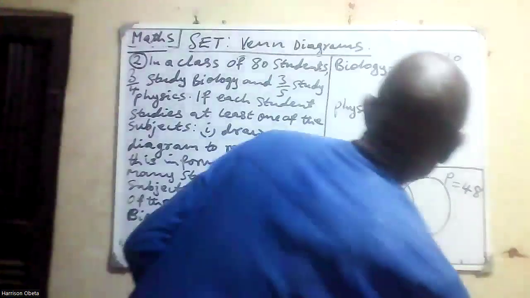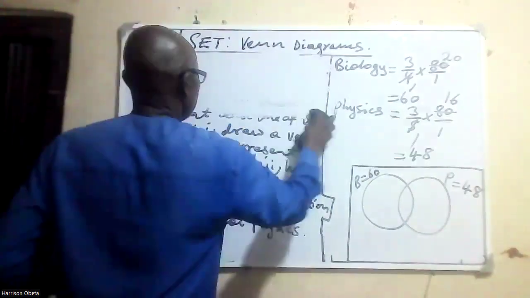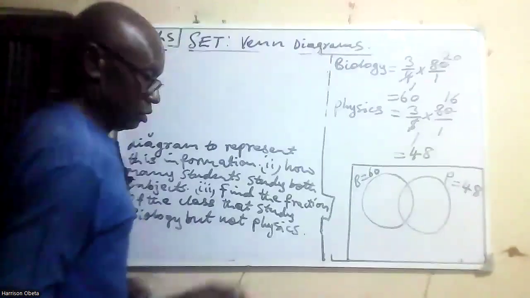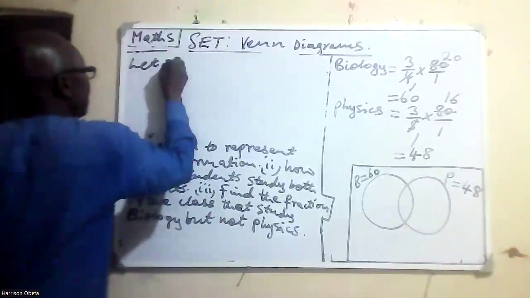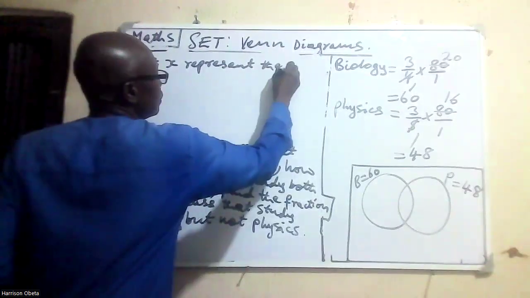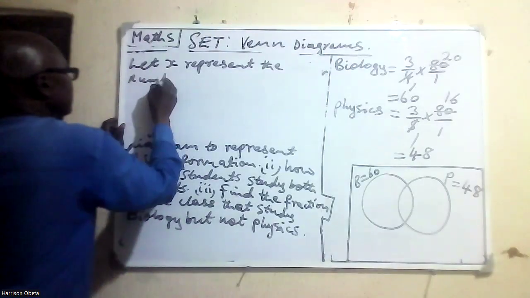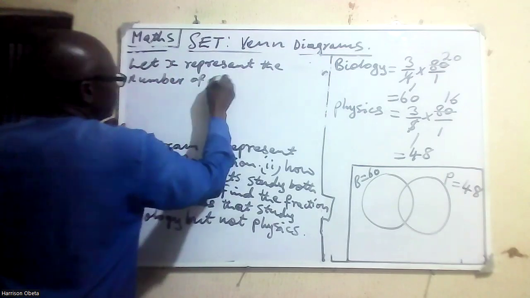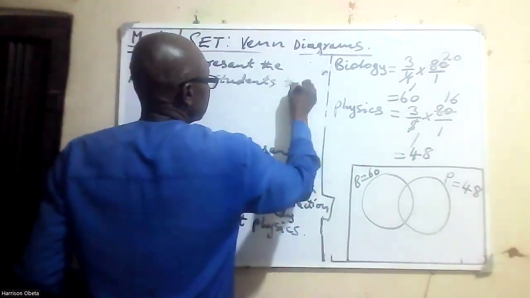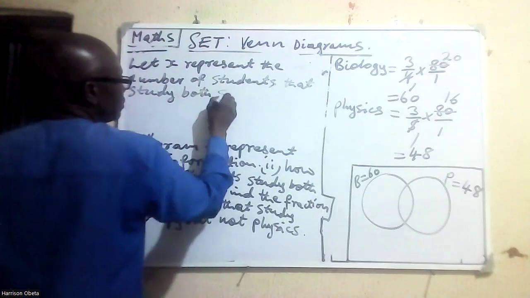So coming back, you can continue by saying let X represent the number of students that study both subjects.